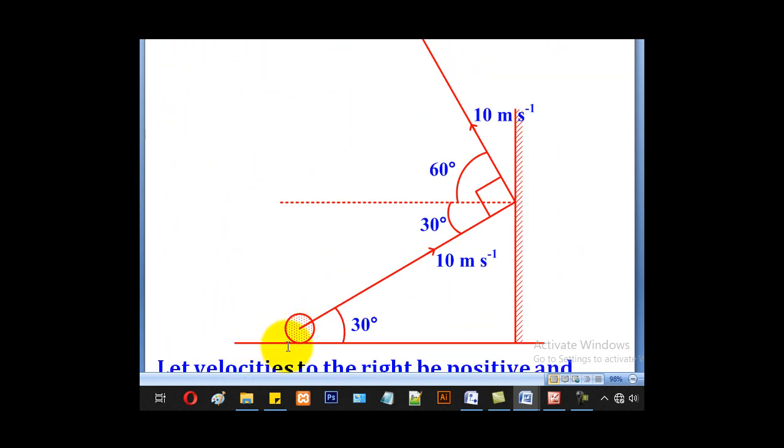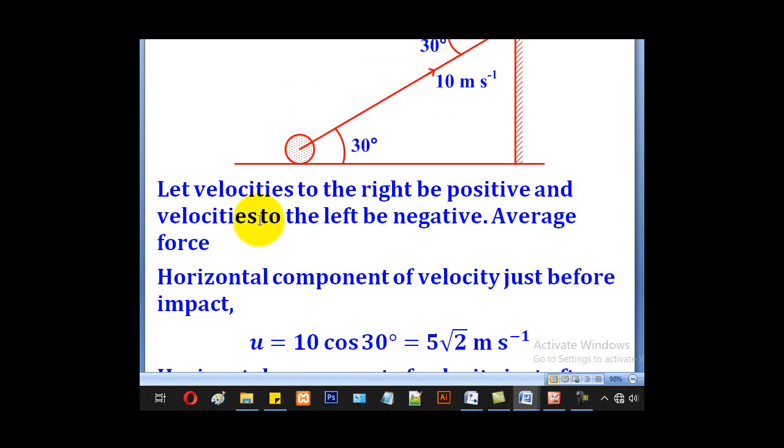So in this case, the ball is here, it moves in the direction of 30 degrees to the horizontal when it hits the wall, and after hitting it rebounds at an angle of 90 degrees from the original path. So this was the original path, initial path. This will be 90, so it will leave the wall in that direction. Since this is 30, this will also be 30 degrees, and because this is 90 minus 30 will give us 60, which is that. So let the velocities to the right be positive. They will change in direction.